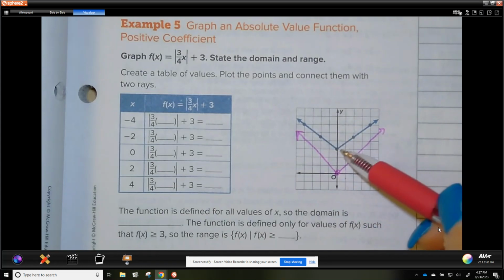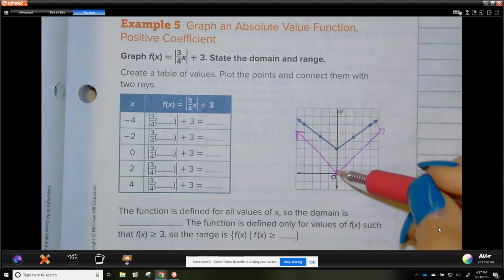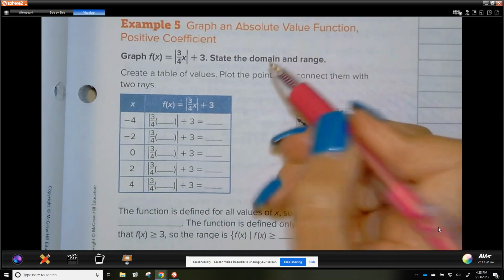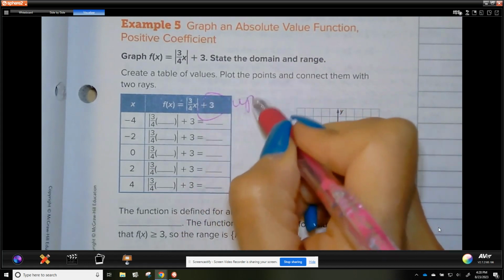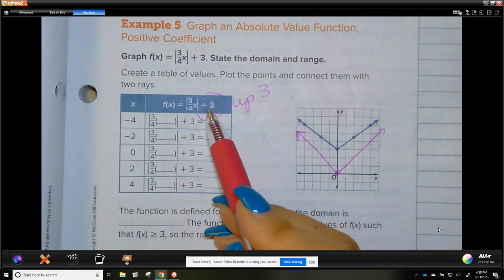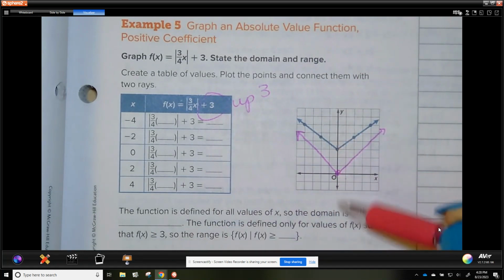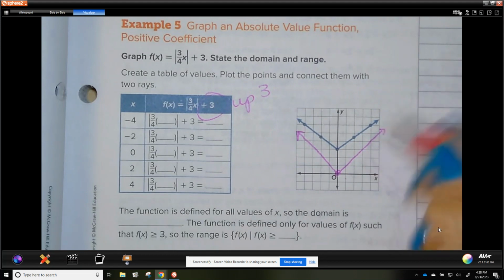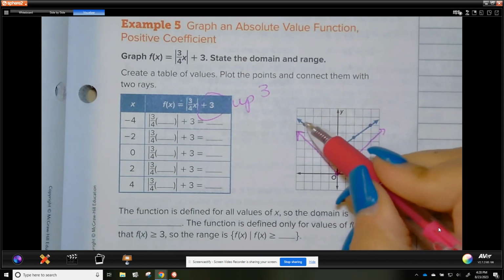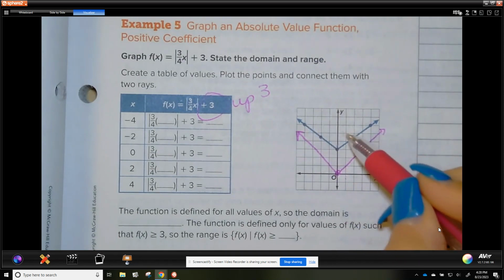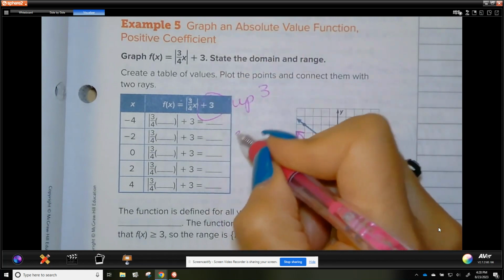How did this child move? Well, this child moved up 3, 1, 2, 3, and that is from this part right here. So if you have a number outside to the right, if it's positive, it's moving up. If it's negative, it's moving down. We're going to do more of this next lesson, lesson 1.7. Now, this one is wider than the original, and what makes it wider is this 3/4.